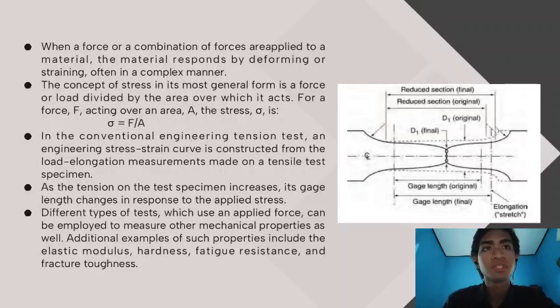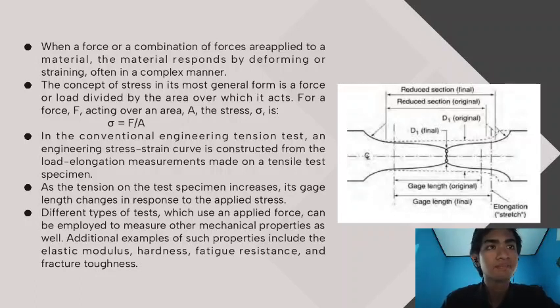For example, a weight hung from the end of a steel wire will cause the wire to stretch and its cross-sectional area to decrease, but the amount of deformation is not readily observed without performing careful measurement of the length and diameter of the wire under load. Mechanical properties describe the relationship between a stress acting on a material and the resulting deformation the material undergoes.